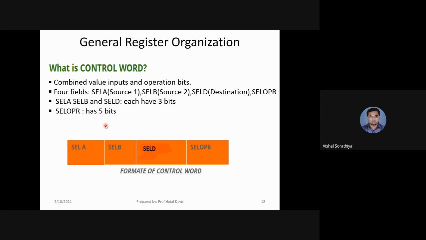You only need to generate this one word for your whole instruction. If you want to do add A B, then for add A B you need to generate a control word which has all 4 fields, containing the data for selection A, B, and D.